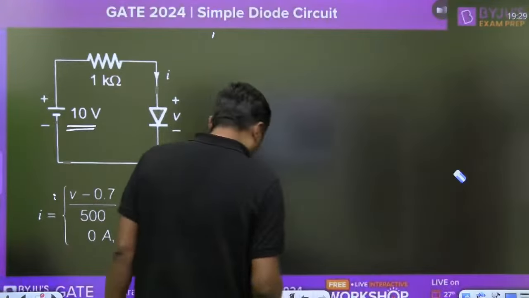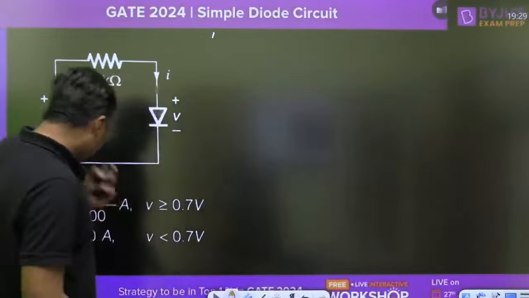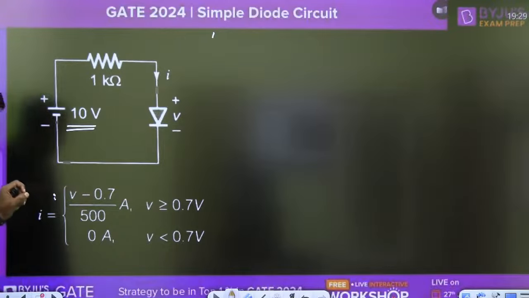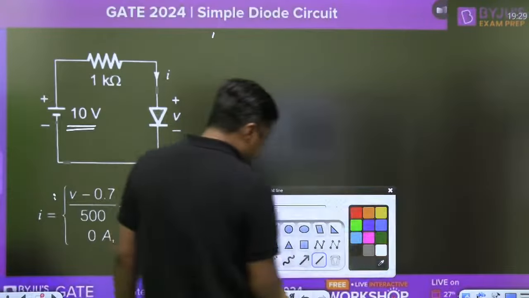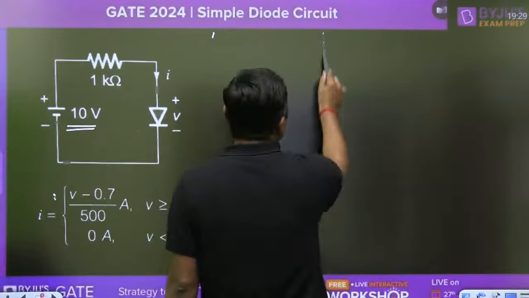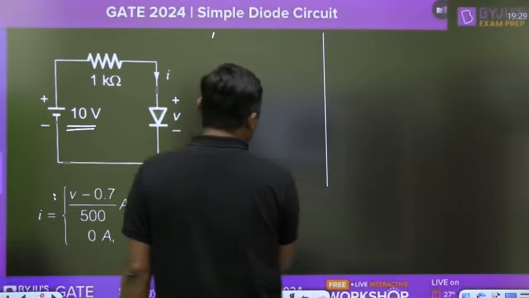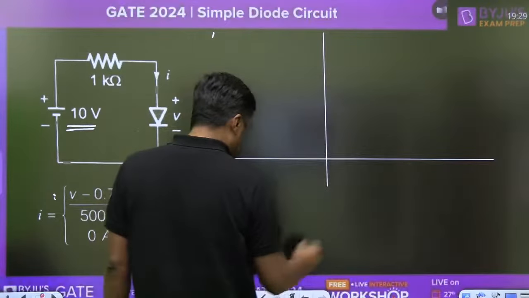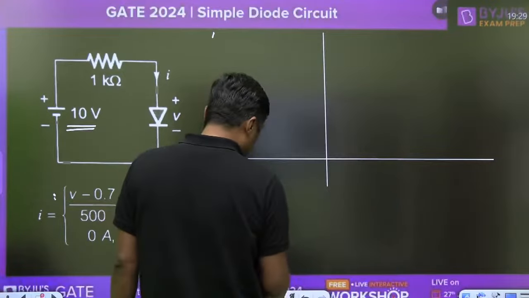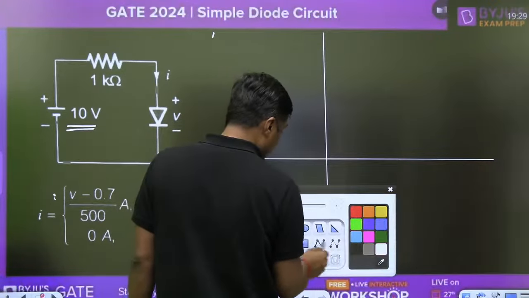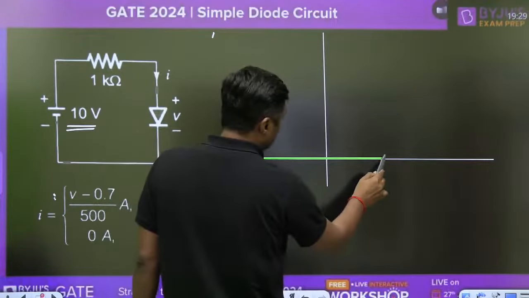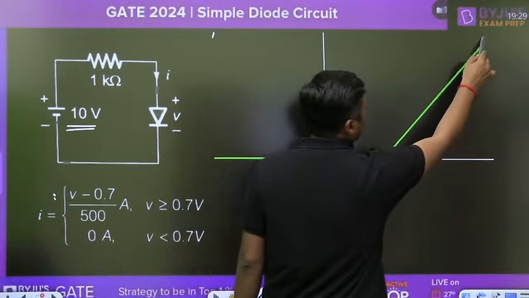Guys, now watch this. This is (V minus 0.7) divided by 500. From this equation, yesterday I gave you the idea of the piecewise linear model. Piecewise linear model means we have some cut-in voltage at this point and the graph is like this, and then it will follow this line.